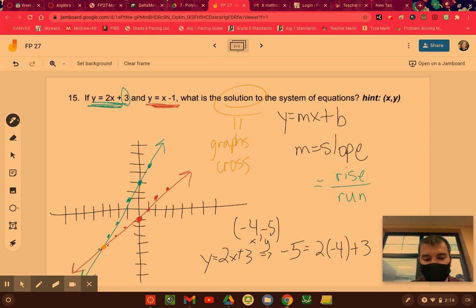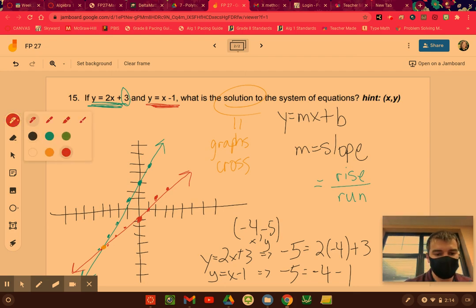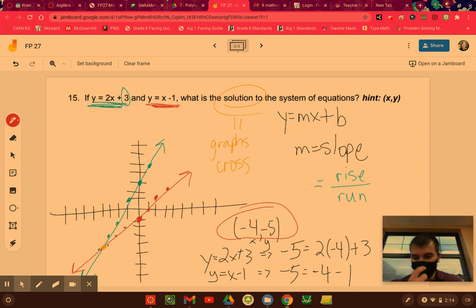And if we check the other equation, y is equal to x minus 1, we get -5 is equal to -4 minus 1. And that would also be true. So this ends up showing us that our final answer is our point -4, -5.